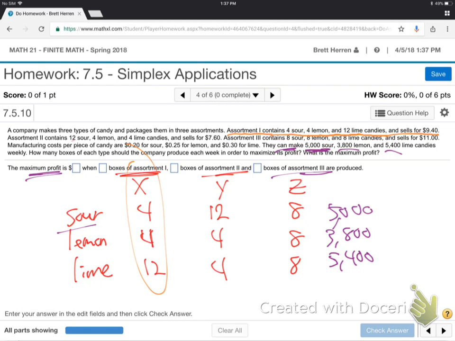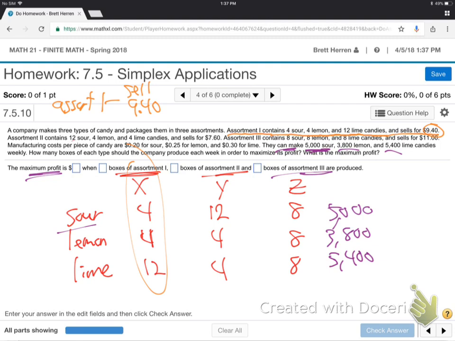When they sell one box of assortment 1, how much profit do they make? Well, they collect $9.40. That's what they sell it for. So let's just do assortment 1 up here. It sells for $9.40, but it costs them something to get it ready, right? So you've got to subtract what it costs, don't you? We've got to subtract that.